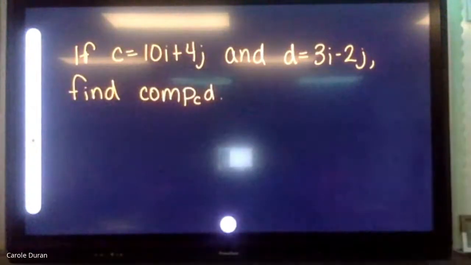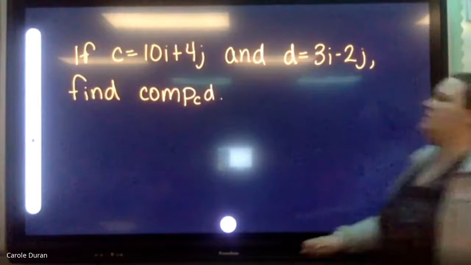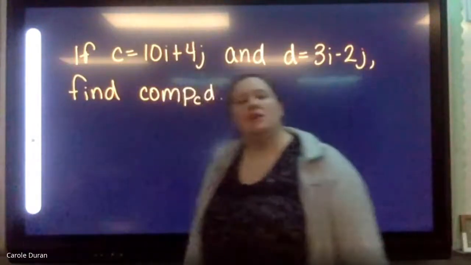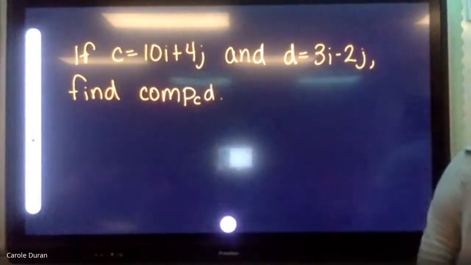So this tells me that if vector C is equal to 10i plus 4j, and vector D is equal to 3i minus 2j, find the component of D on C. Hopefully you remember from the notes that we do actually have a formula that we use for component vectors.